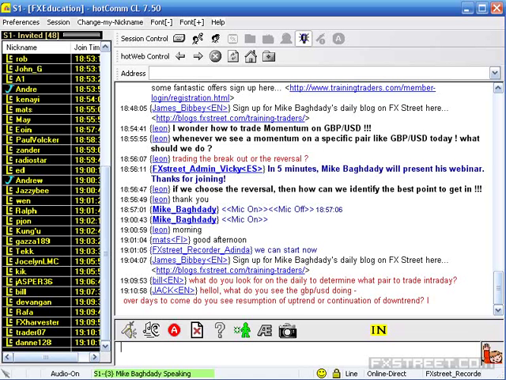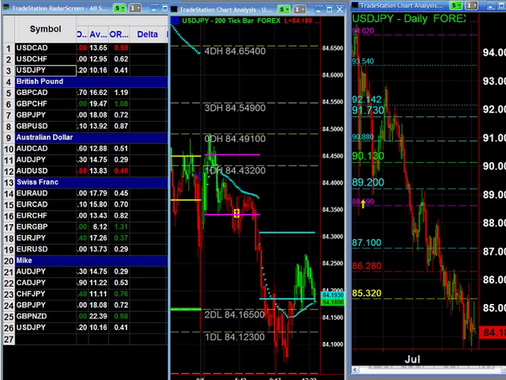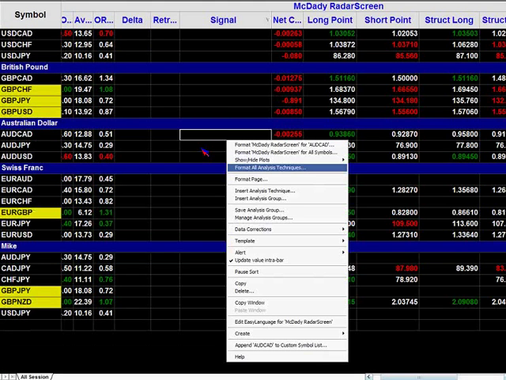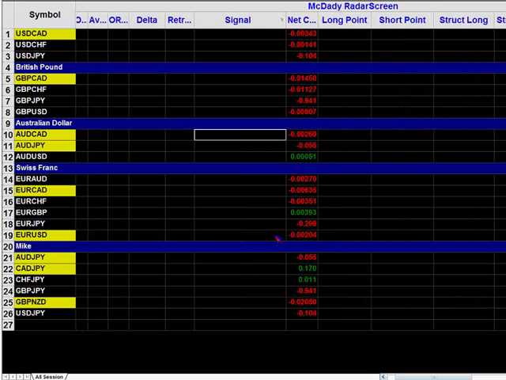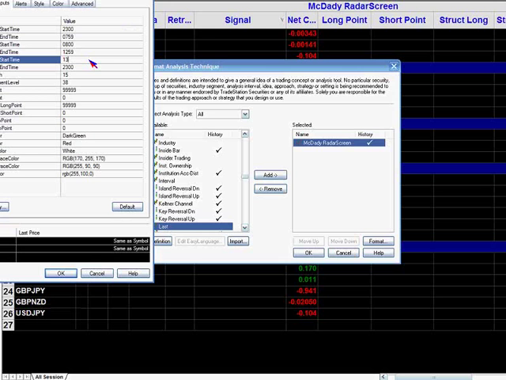Well, the way we do this, Bill, is let me do a little bit of formatting here so you can see what I'm looking at. Now it didn't work. Alright, I wanted to show you what we do.